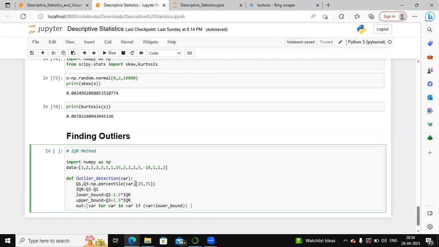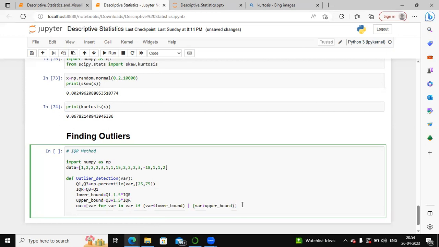So we have to pass: only if the variable is less than the lower bound, or if the variable is greater than the upper bound, then we will take that out as output in our output list. Let me return this output, return out.